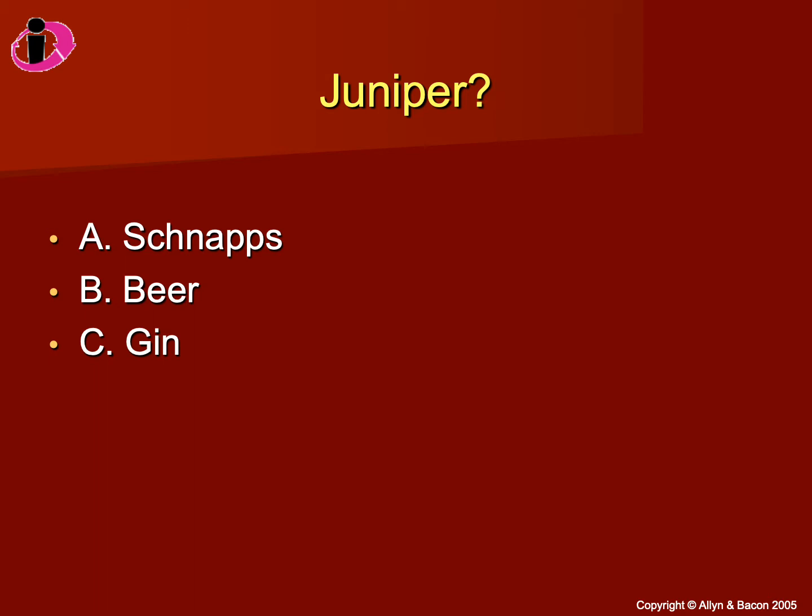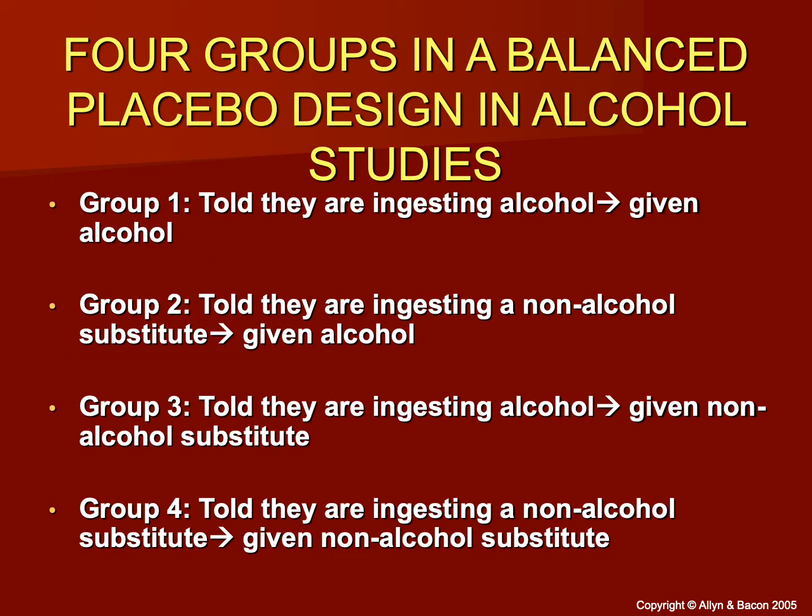All right, so now we're going to move to expectancies and subjective effects of alcohol. And I just want to talk about what's known as the balanced placebo design. So my pal Alan Marlatt, may his soul rest in peace, the guy who wrote the foreword to the marijuana book that we're going to read, basically he came up with this notion of a 2x2 manipulation of both alcohol and expectancy.